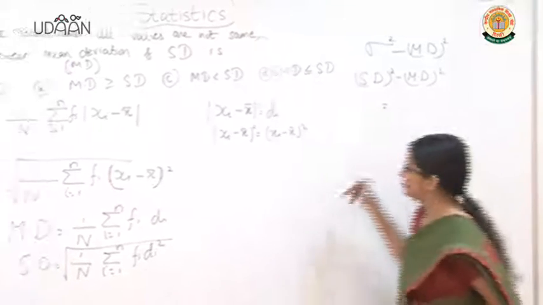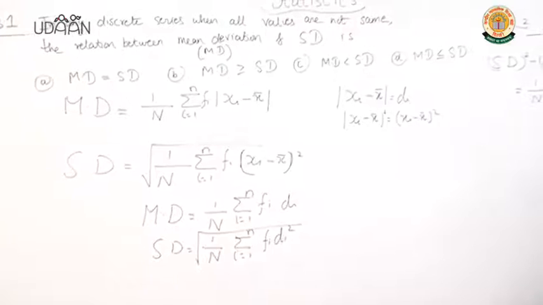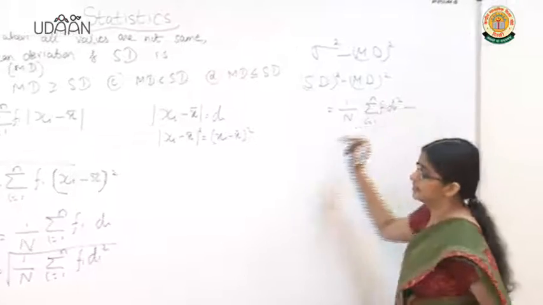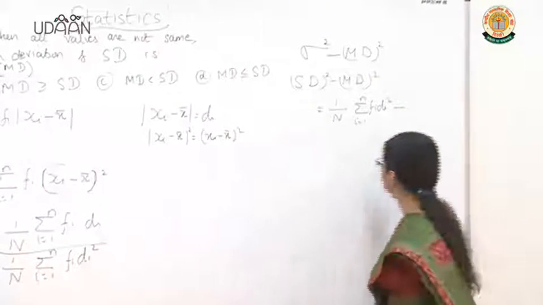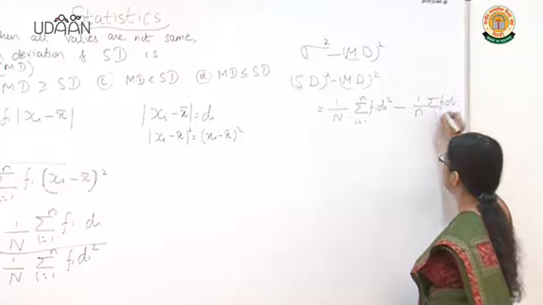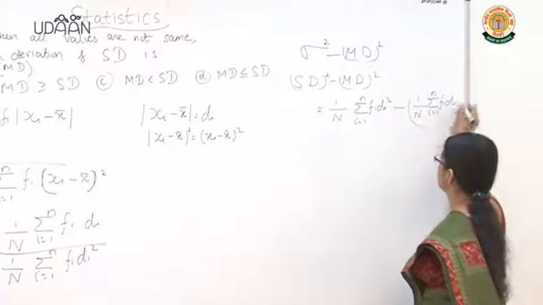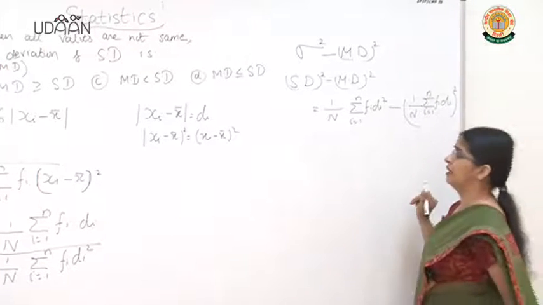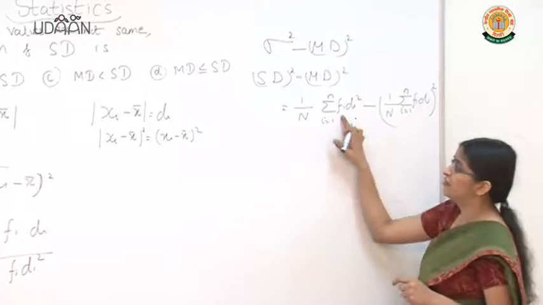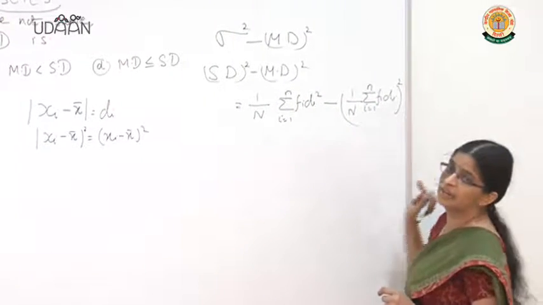Standard deviation square, put the values: 1 by n sigma fi di square, i equal to 1 to n, minus square of mean deviation, which is 1 by n sigma fi di, where i varies from 1 to n, whole square. Is this formula familiar? 1 by n sigma i equal to 1 to n fi di square minus 1 by n sigma i equal to 1 to n fi di the whole square.